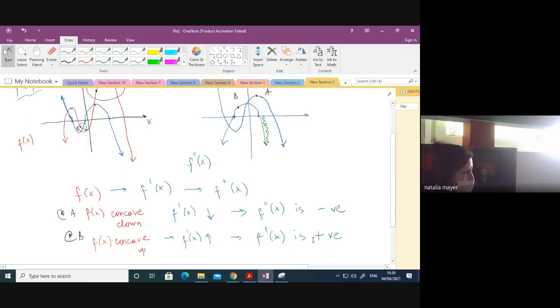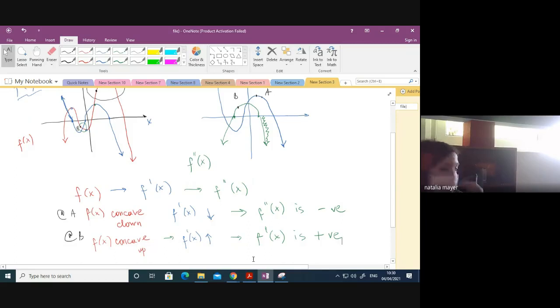If the second derivative is positive, it means that the first derivative is increasing, which means that the function is concave up. Positive second derivative, function concave up. Negative second derivative, function concave down.